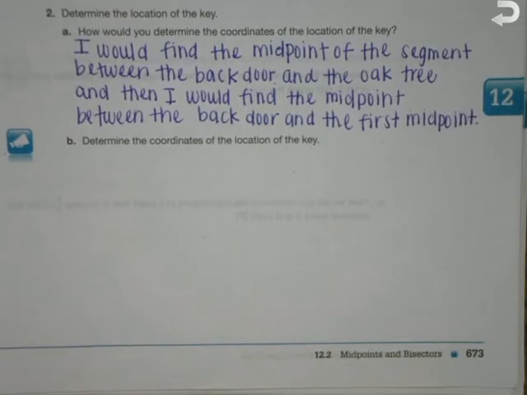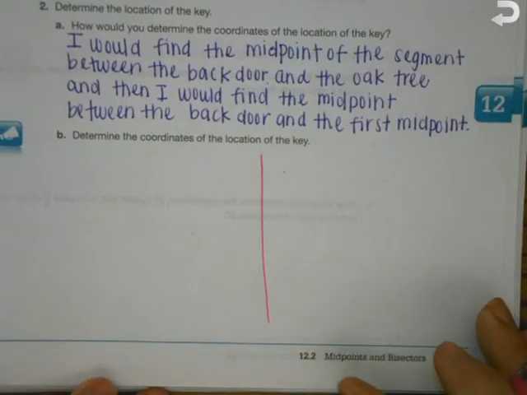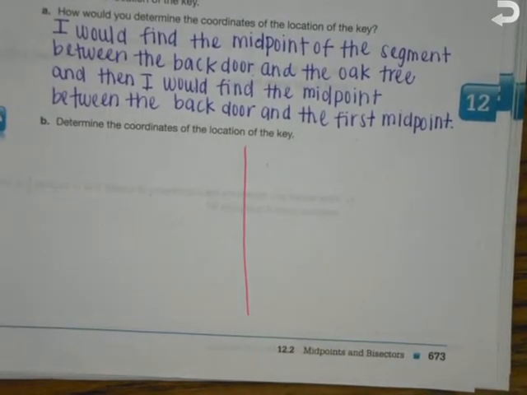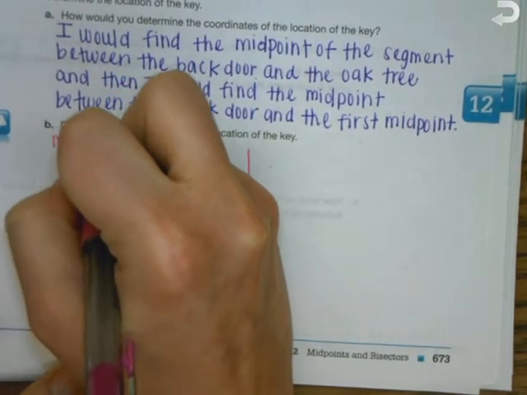Okay? So here's what I want you guys to do. With your groups, for part B, I want you to draw a line about halfway down the page. Label the left-hand side midpoint, back door, and oak tree.